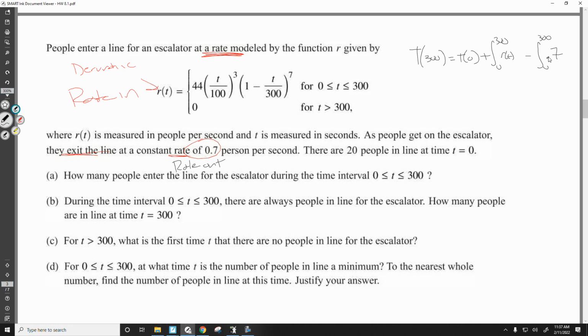Or understand that this is the same as 0.7 times the time. It's like accumulate 0.7 over 300 seconds. Remember, this accumulation is like the area. If you're doing 0.7 over 300 seconds, you're just multiplying the two to get this area. That's a rectangle. This and this are the same.